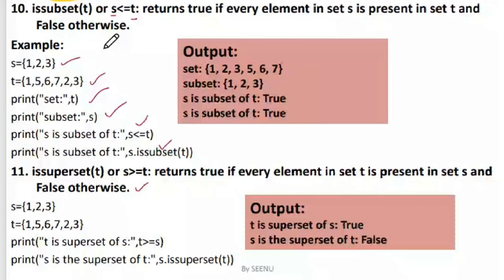It says that S is a subset of T. But if I simply say less than, what does it represent? Proper subset. It represents proper subsets.